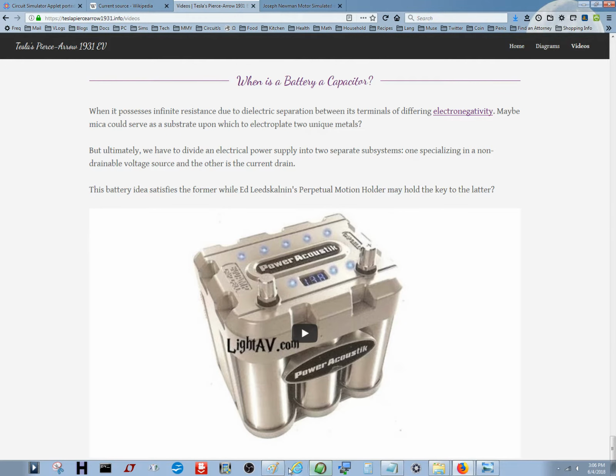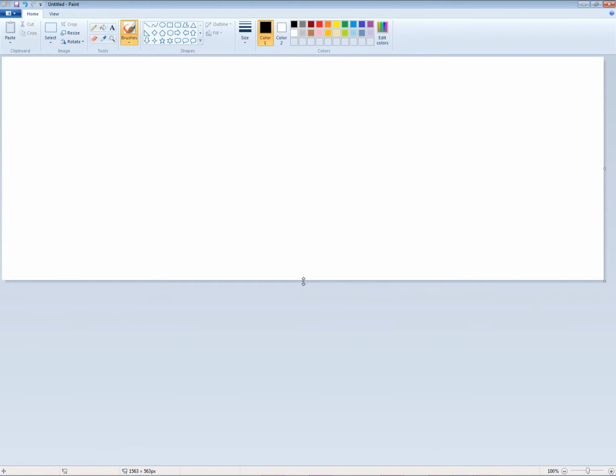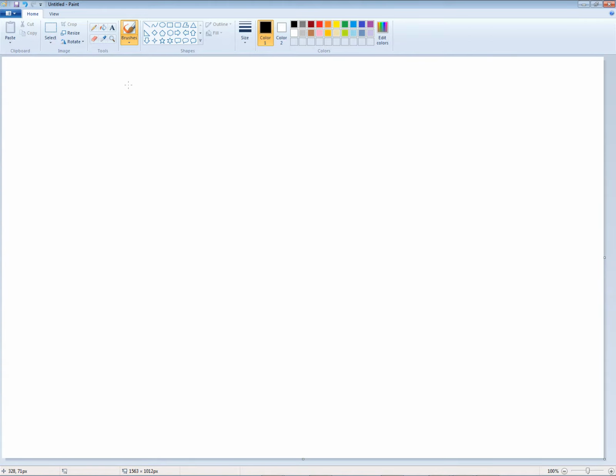Maybe I should draw you an example here, so you know what I'm talking about. This is a kind of a difference between batteries and capacitors. Let's just do a battery here.